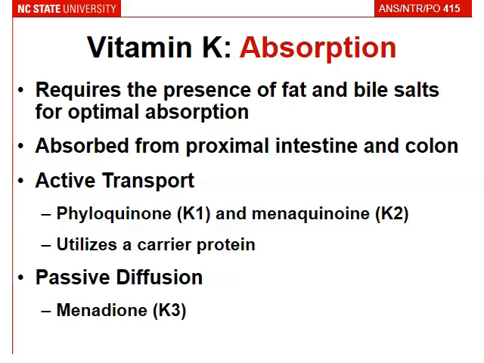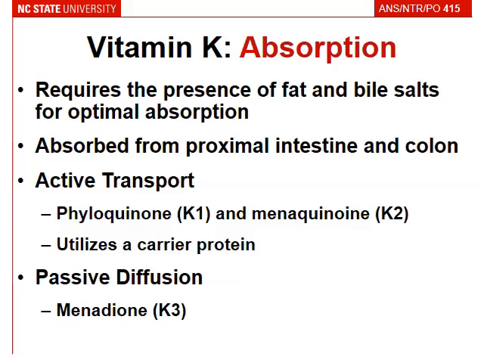It can be absorbed all throughout the small intestine, and you can also absorb it from the colon. Some texts say that it's the proximal intestine, indicating mainly the jejunum, where the majority of it is absorbed, but we can't disregard the bacterial menaquinone that's able to be absorbed from the colon. And that's with all species.